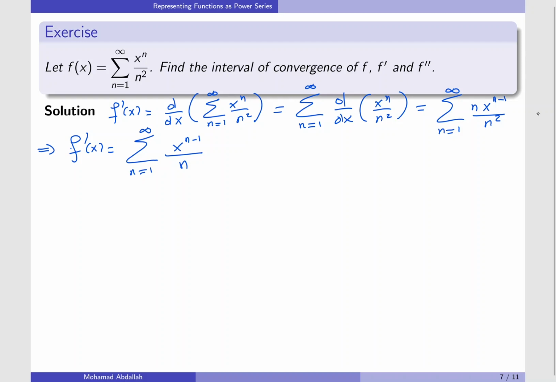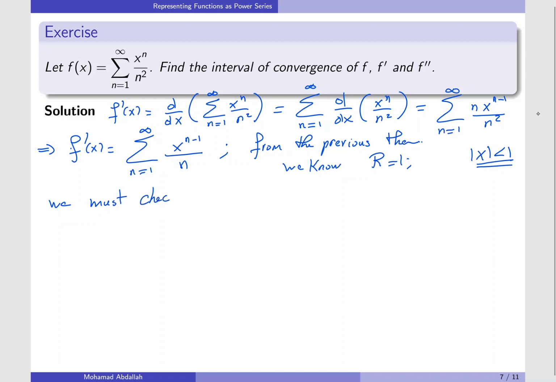From the previous theorem, no need to do the ratio test here. We know that r is equal to 1. So I know that the absolute value of x is less than 1. I still need to check the endpoints.